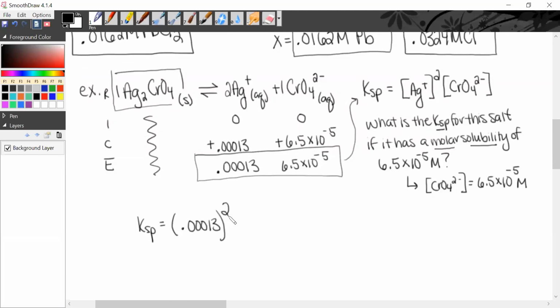Don't forget to square it, times the chromate concentration, 6.5 times 10 to the negative fifth. I got 1.1 times 10 to the negative 12th. Not a very soluble salt.